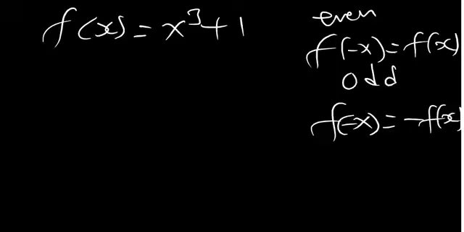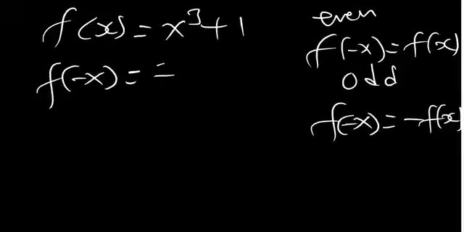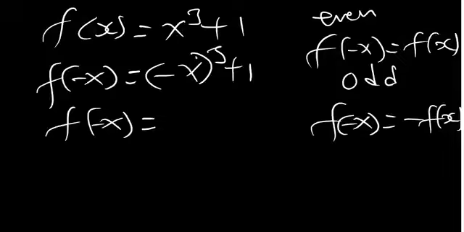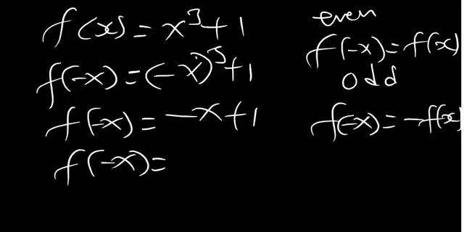So f of negative x is equal to negative x to the power 3 plus 1. So f of negative x is going to be equal to negative x plus 1. Let's try to factor out a negative. So f of negative x is going to be equal to negative x, then again we're going to have negative 1.